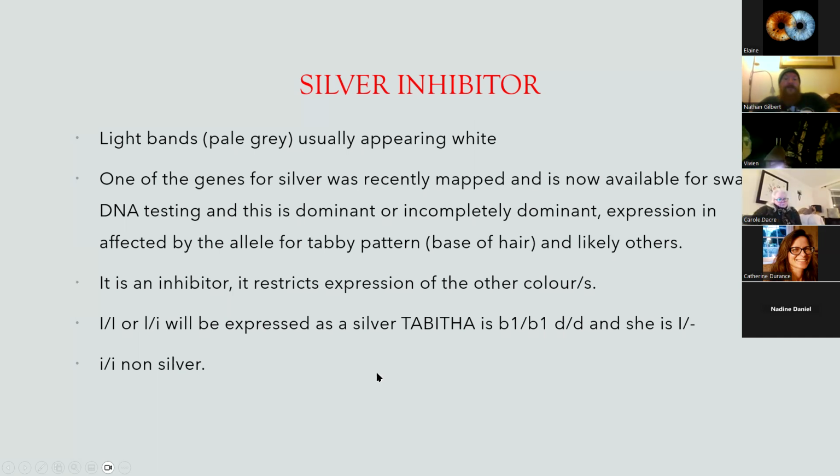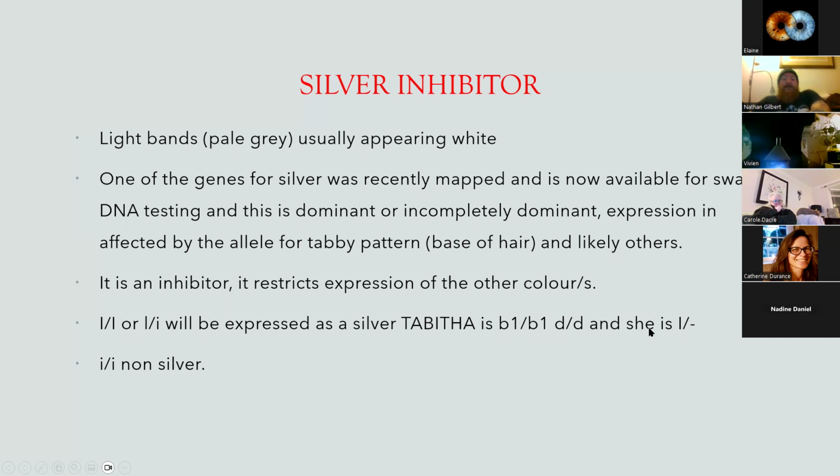So just going back to Tabitha, we don't know if she has one copy or two copies of the silver. We would only know that if we swabbed her, or I suppose potentially on her pedigree, but not necessarily. But we know that she's B1B1, two copies of the fawn gene, two copies of the sorrel gene, and she's little d, making the sorrel be expressed as fawn, and then we know she has at least one copy of silver.